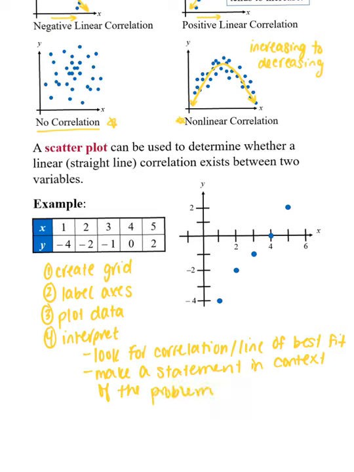Okay. All right. So this one, we don't have any context here. It's just kind of a graph with numbers. There's no labels. There's no axes. We don't know what the values represent. But we could see that this one, we would have a positive correlation. We can draw our line of best fit, would probably look something like that.